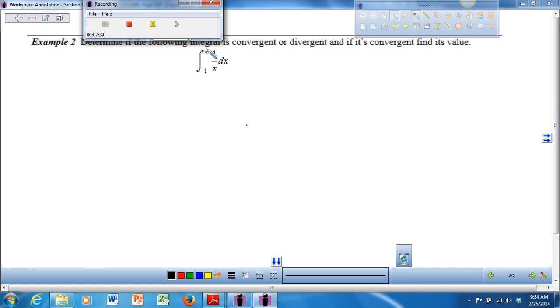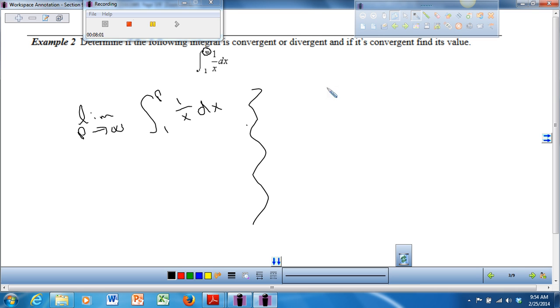All right, so our upper limit is what makes this improper. So we will have the limit as p goes to infinity, the integral from 1 to p of 1 over x dx. And we'll take our actual antiderivative over here, and what do we get? Yep.